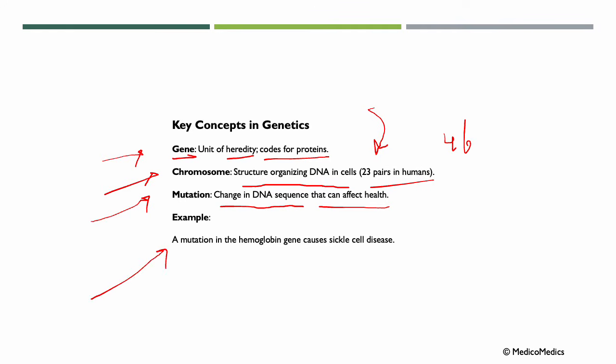An example is a mutation in the hemoglobin gene, leading to sickle cell disease. So a way to think about it is that genes are like instructions. Chromosomes are the books that hold these instructions, and mutations are typos in those instructions.